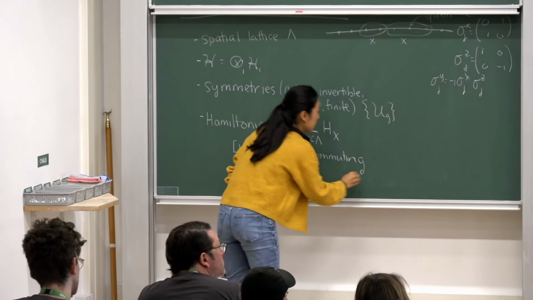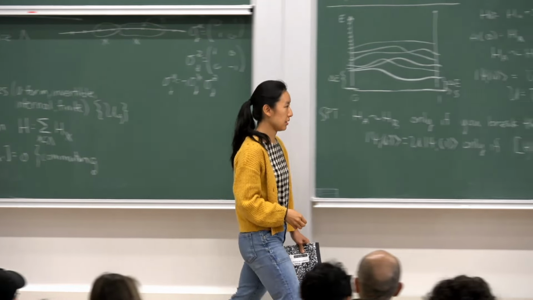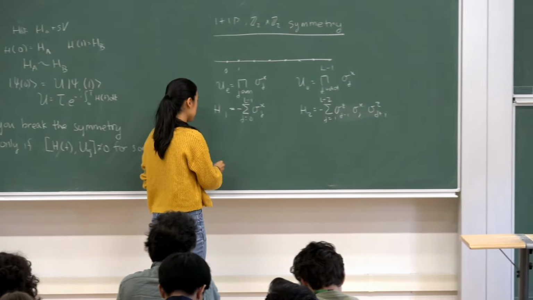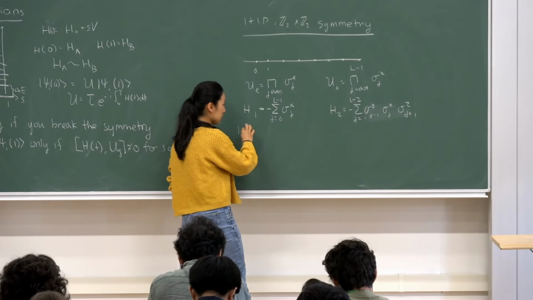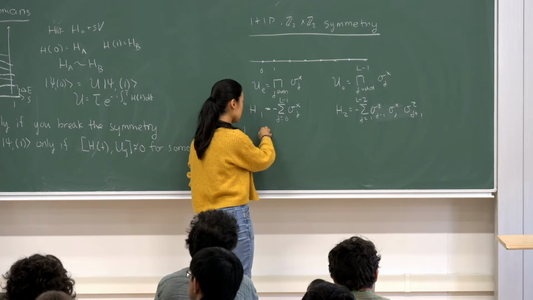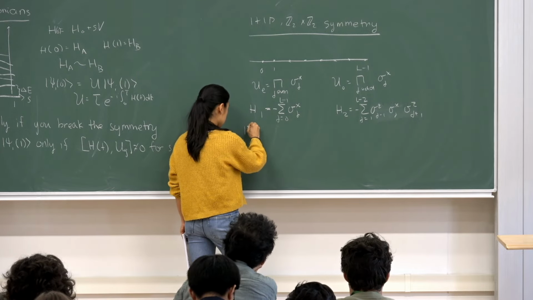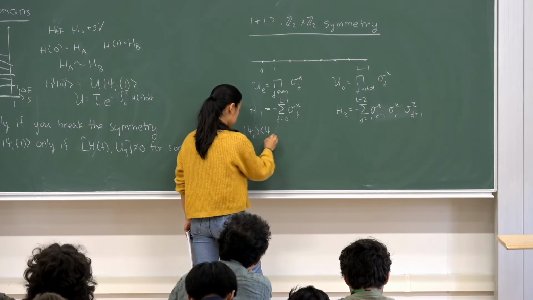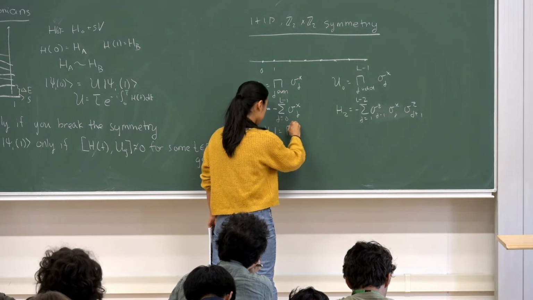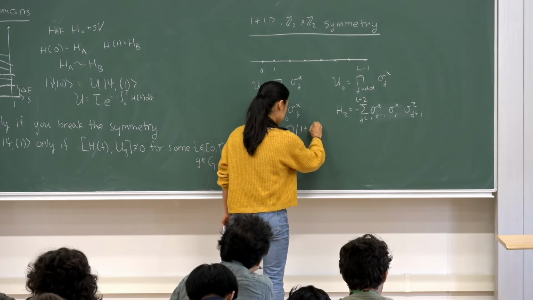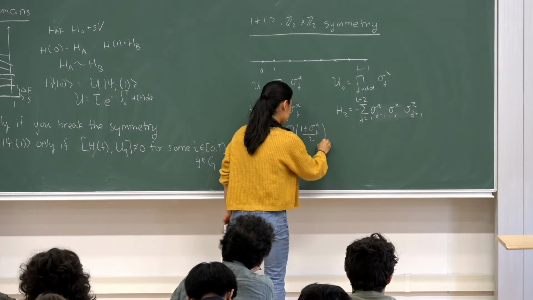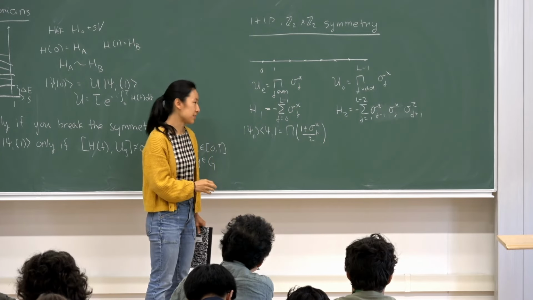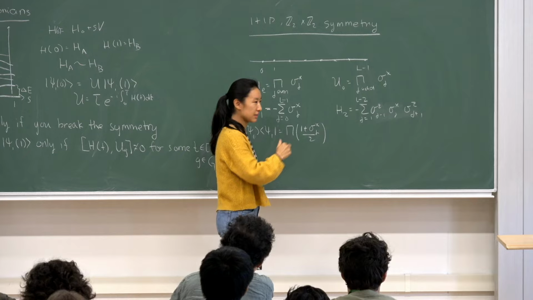These are very nice because you can easily solve for the ground states. In this case, for example, this has a unique ground state, and its ground state projector is just psi 0, psi, a projector onto all the plus eigenstates of sigma x.